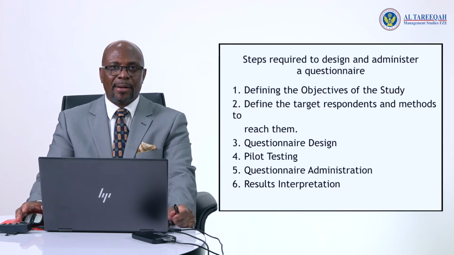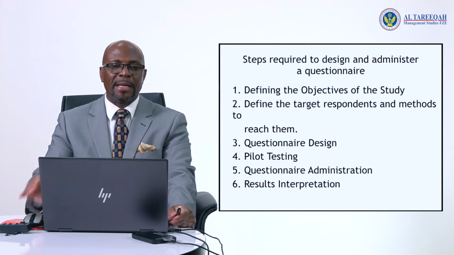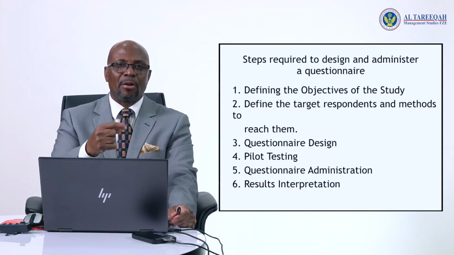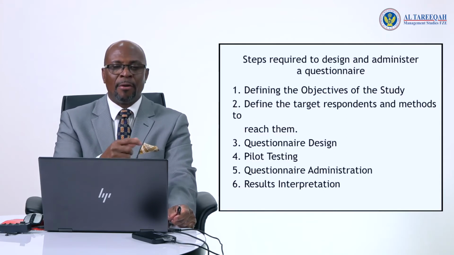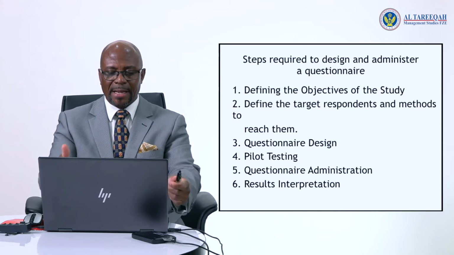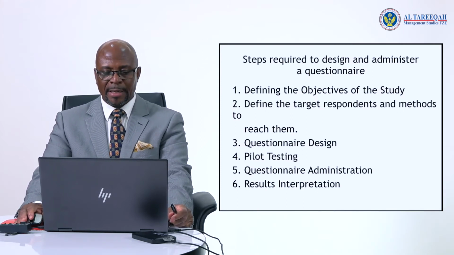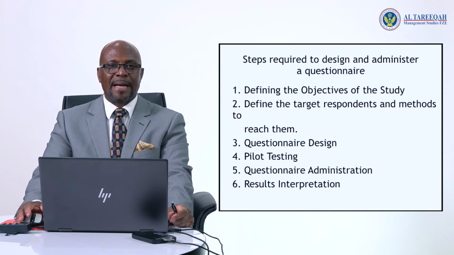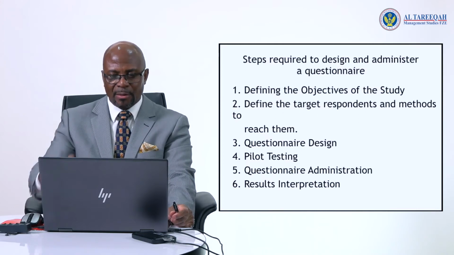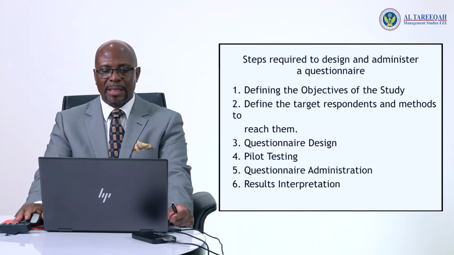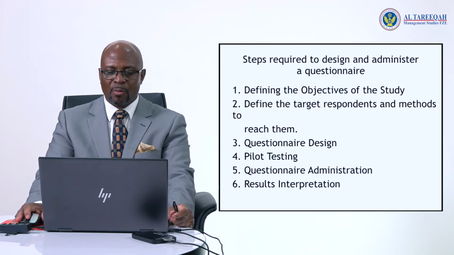Now you need to pilot test the questionnaire in order to establish the Cronbach alpha for each of the factors, constructs, or variables. So you administer the questionnaire, and the data gathered, you analyze it and then establish the results. So these are the steps that you need to follow when you design and administer your questionnaire.